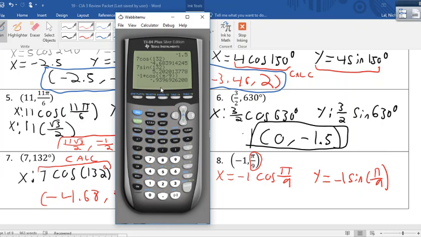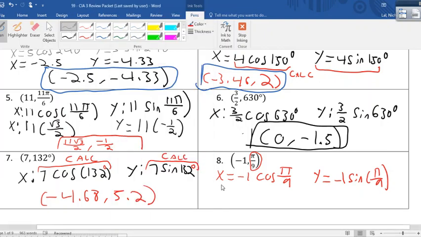So let's just do negative 0.94. That's good. So x is equal to negative 0.94, and we plug this into the calculator in radian mode.